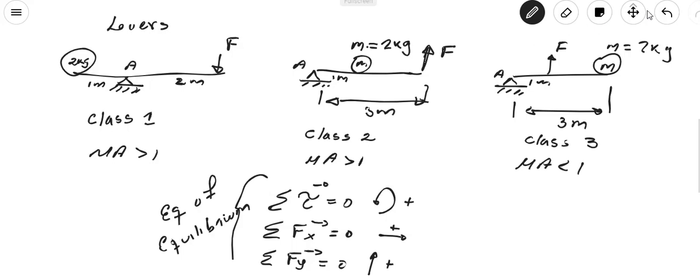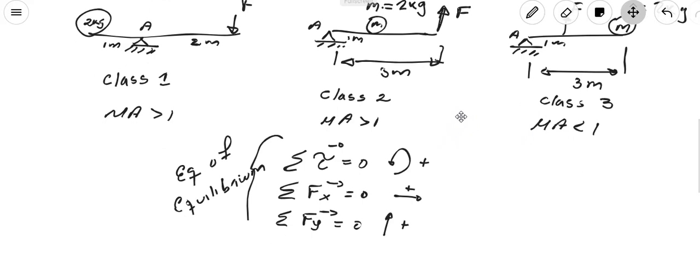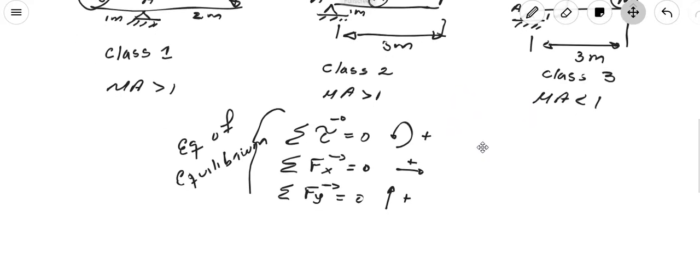So, for example, let us try to figure out how to solve this class 1 lever that we are representing there. I will just reproduce the lever again here.